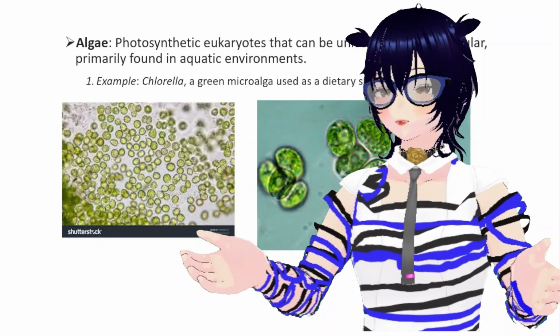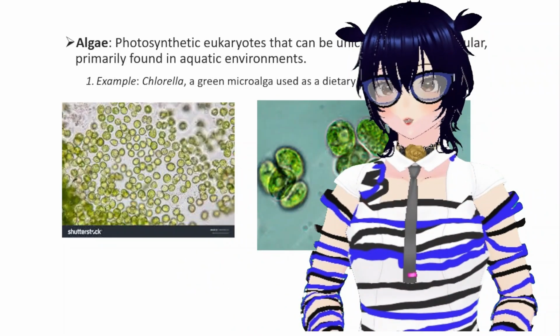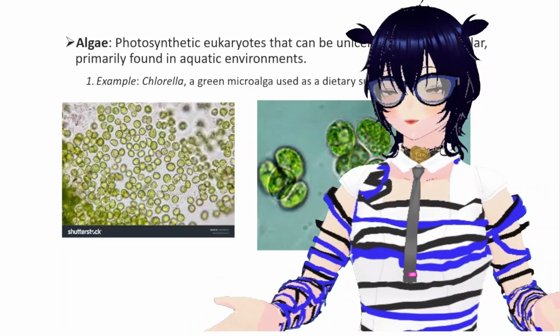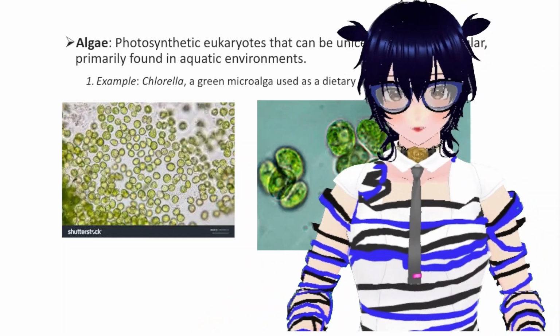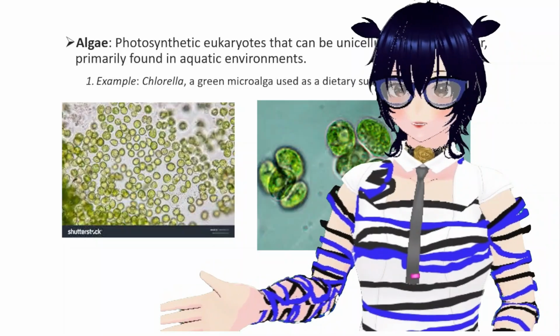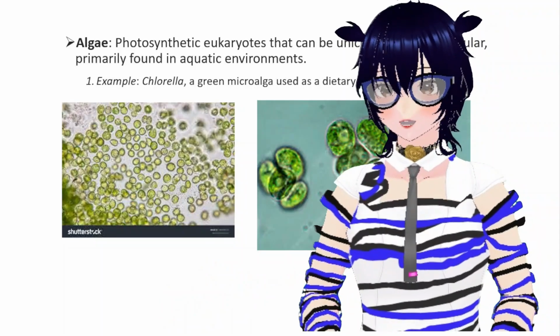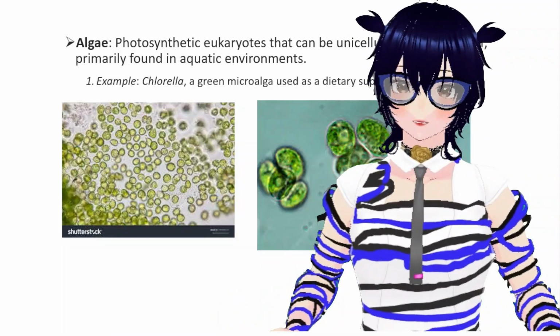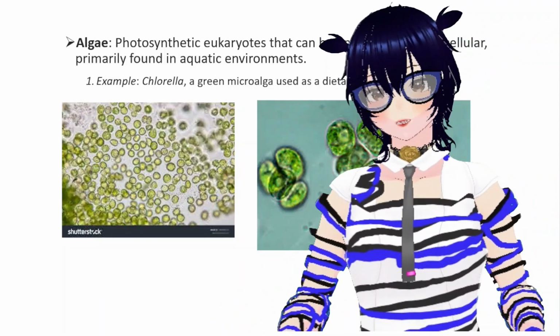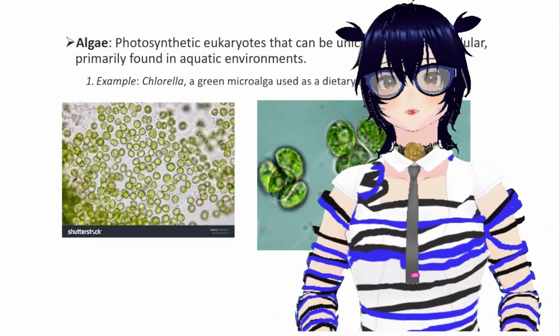Actually, some algae are pretty rich in protein as well. So if you cannot eat the meat or something like that, you can eat the microalgae, of course, thanks to microbiology, that we found that there is a microorganism like that existing. So how can we humans leave it alone?